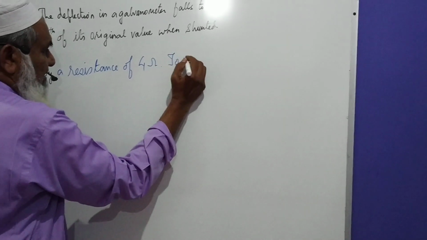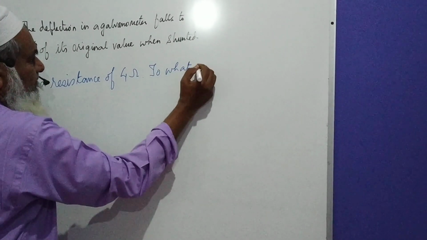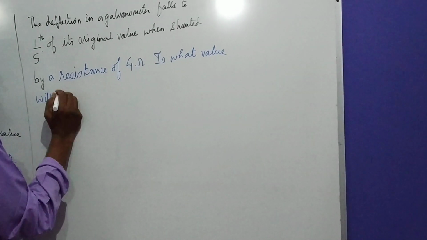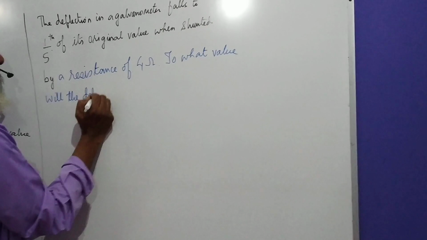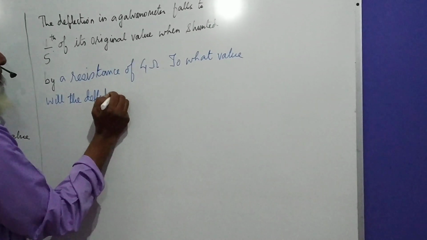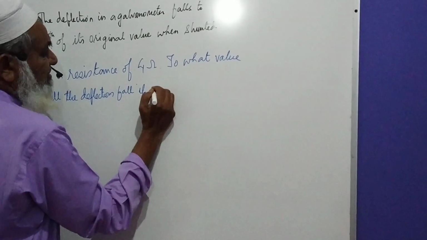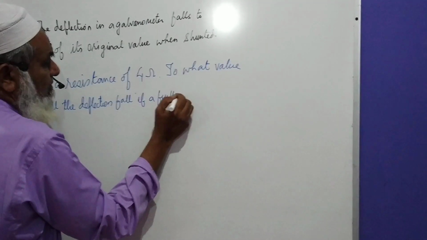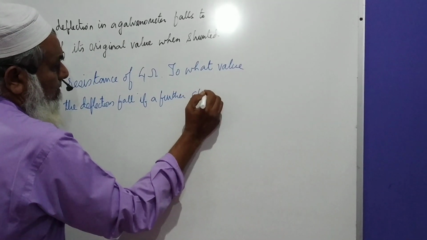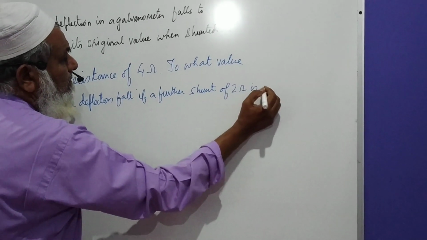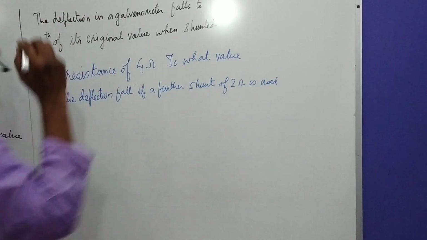To what value will the deflection fall if a further shunt of 2 ohm is used? This is what the question is.